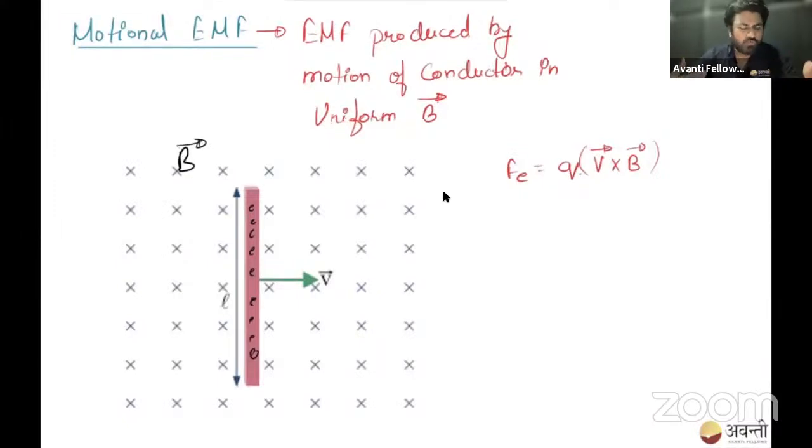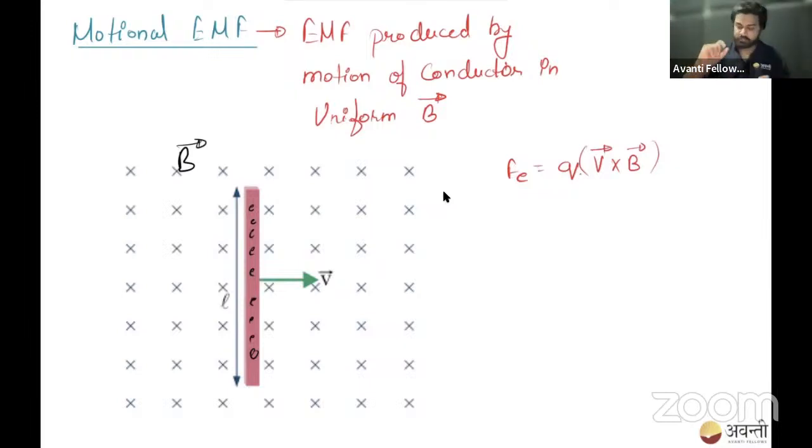So how do we use the palm rule? The thumb we point in the direction of velocity, the four fingers in the direction of the magnetic field. The palm will give us the direction of force on a positive charge.